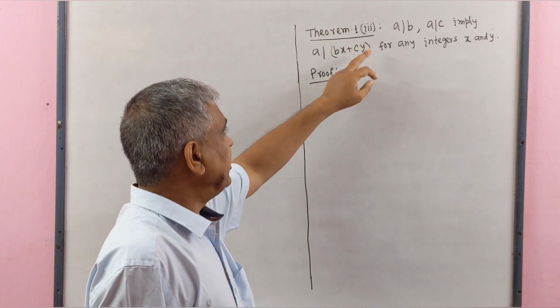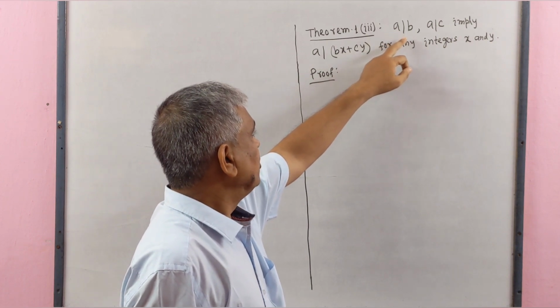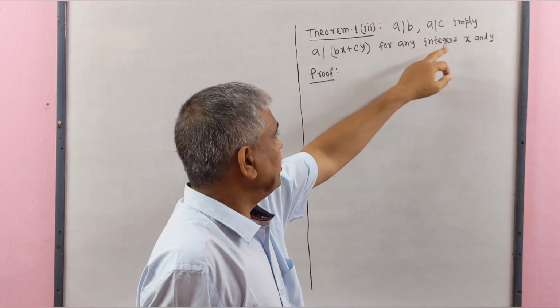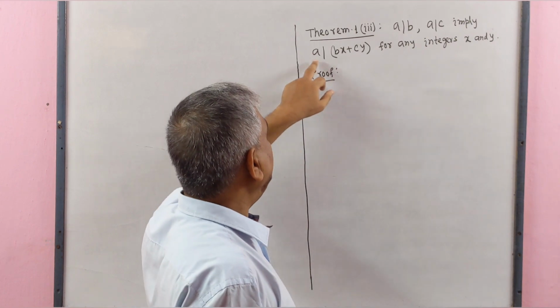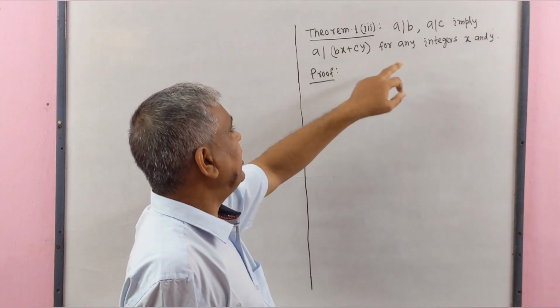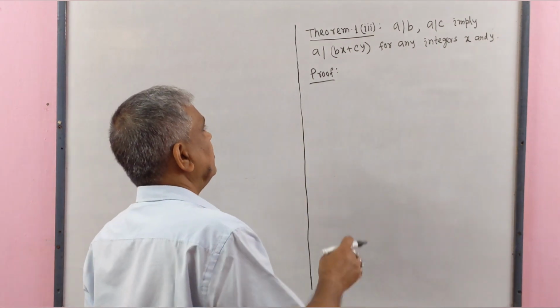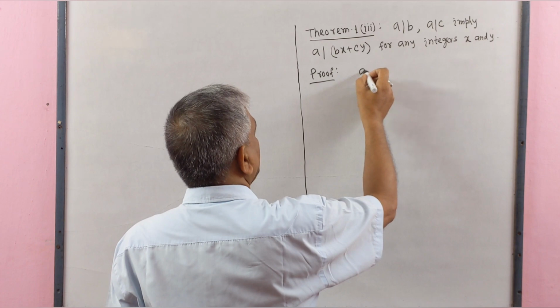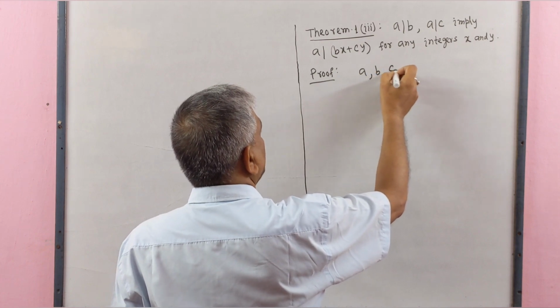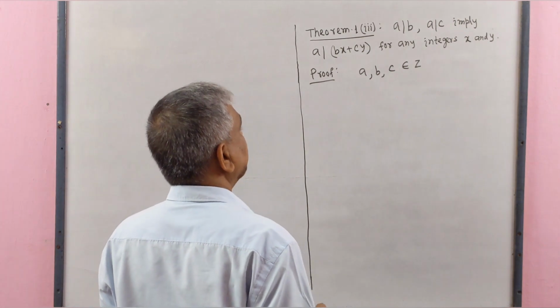Now we prove the next theorem. A divides B, A divides C, imply A divides Bx plus Cy for any integers x and y. Given that A, B, C belong to Z, these are integers.